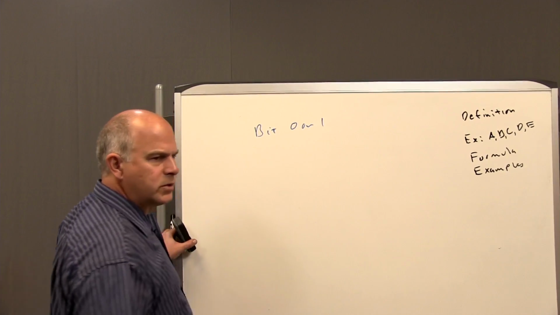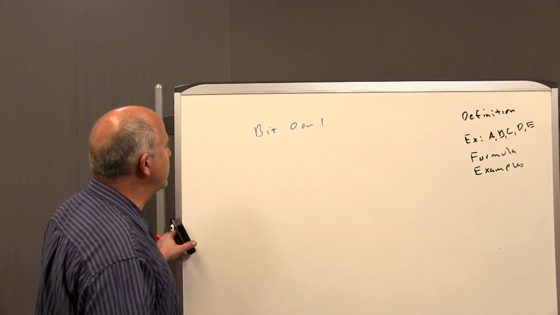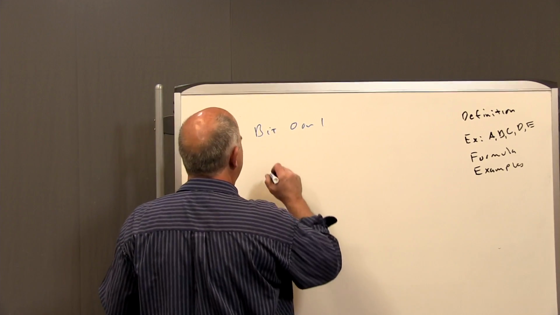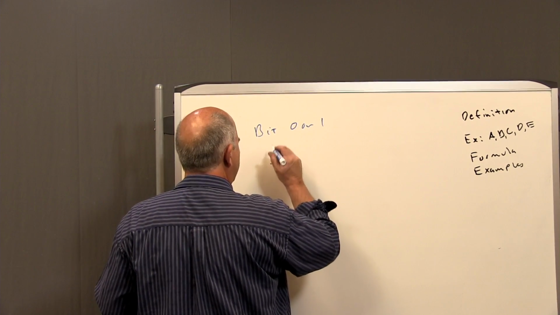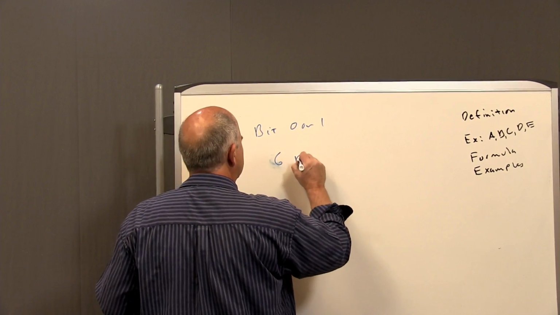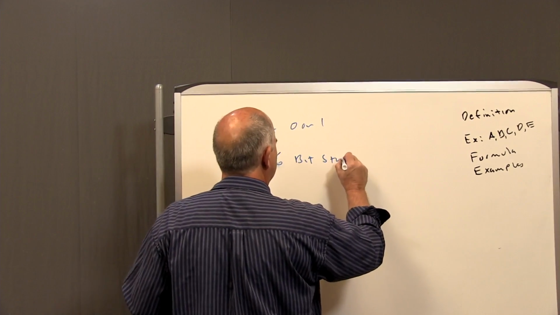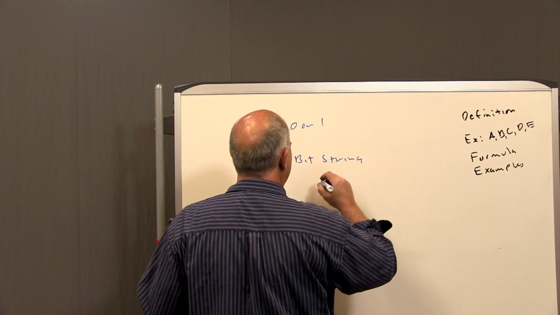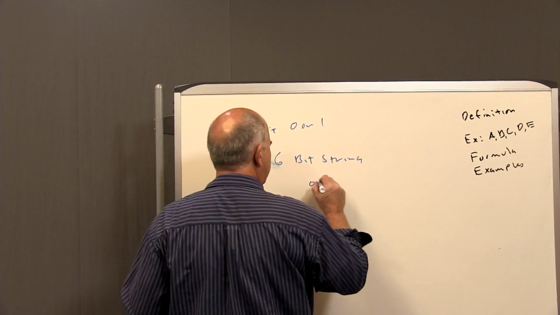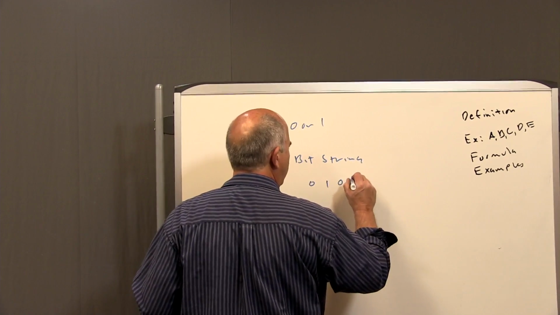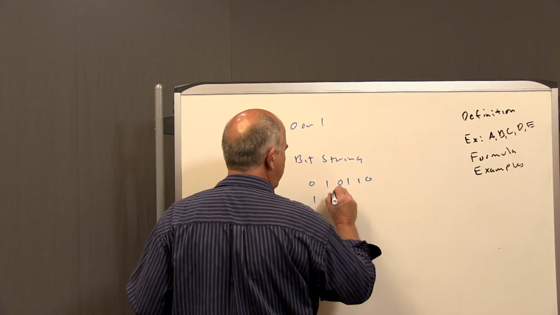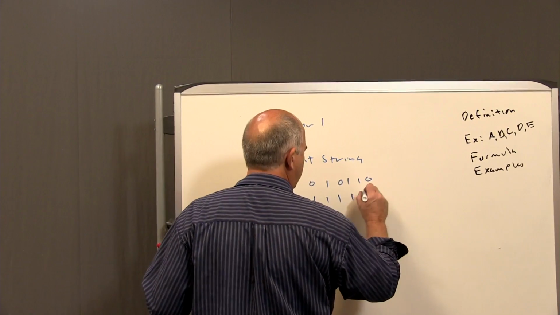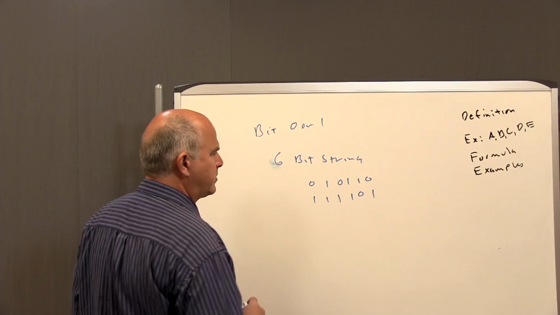It's a storage space in your computer that holds either a 0 or a 1. So a 6-bit string is a string of 6 zeros or ones. So 0, 1, 0, 1, 1, 0, right? There's a 6-bit string, or 1, 1, 1, 1, 0, 1.